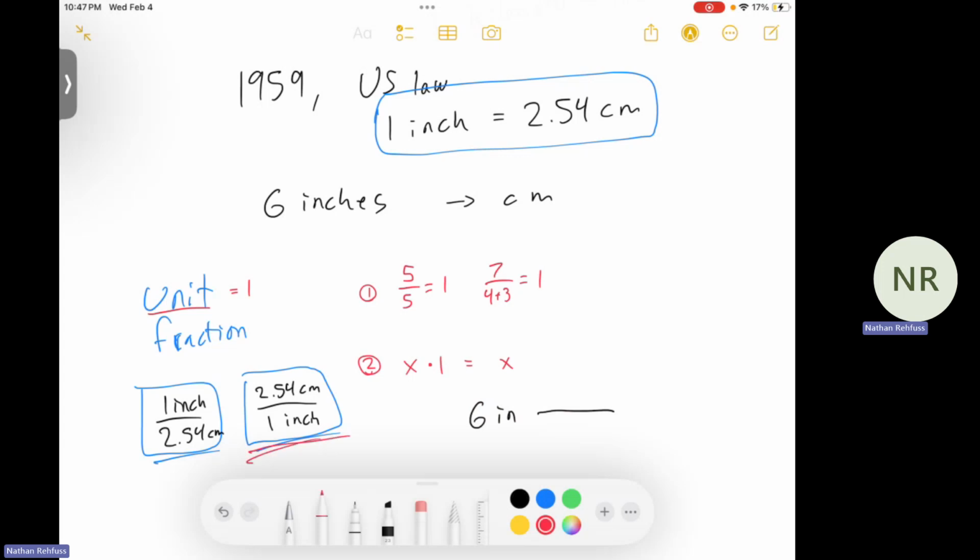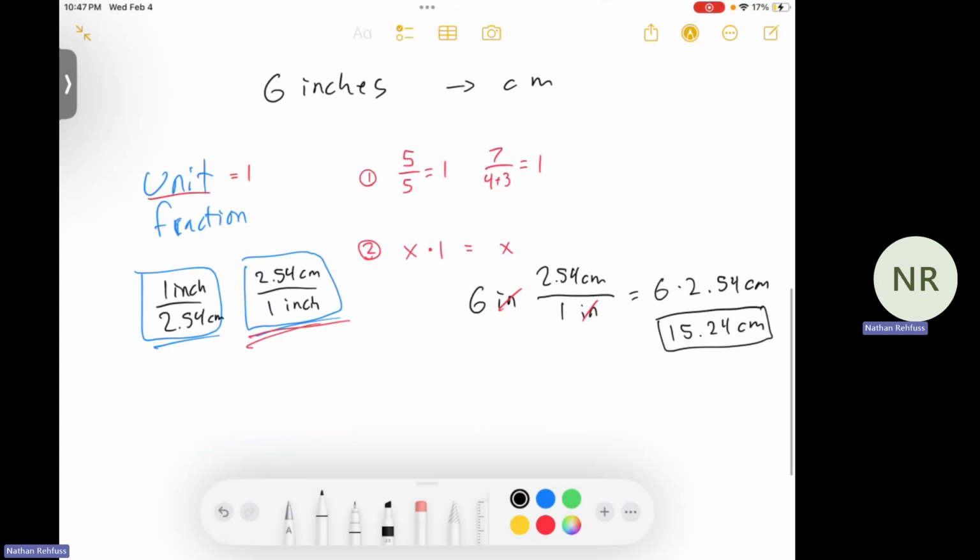I'm going to pick this one, because when I put 1 inch on the bottom and 2.54 centimeters on top, inches cancels on the top with inches on the bottom, and my final answer is just 6 times 2.54 centimeters. That makes 15.24 centimeters. So 6 inches is a little over 15 centimeters.